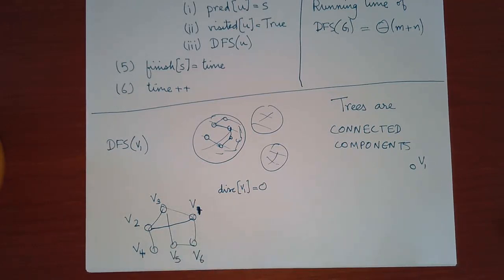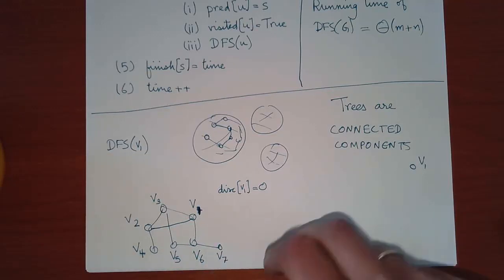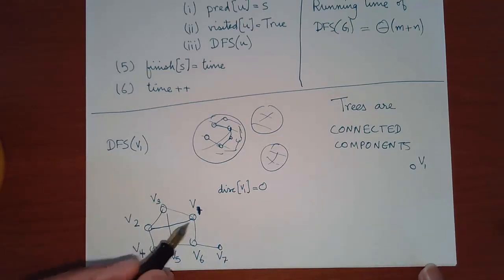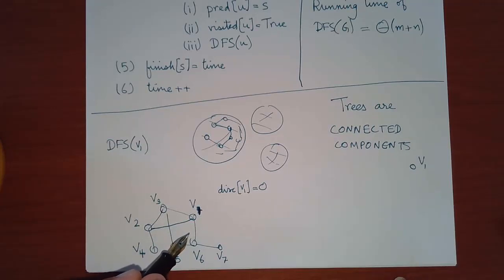So I want to make this a little interesting. Yeah, let's do this. Okay, maybe I'll make a V7 over there. Okay, so let's say V1 decides to call V6.